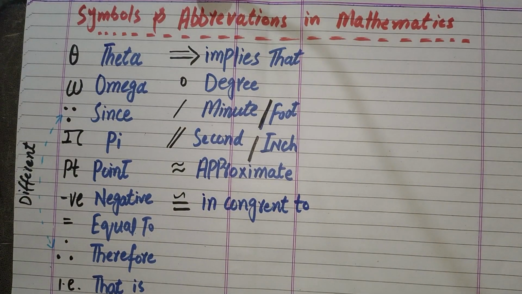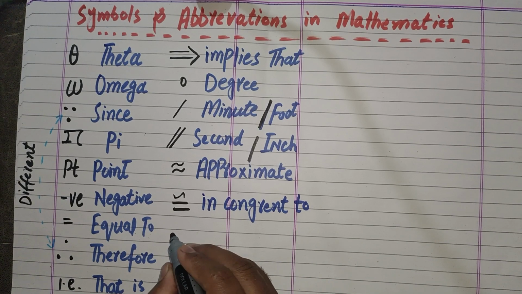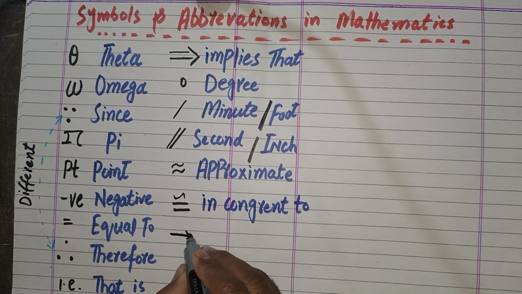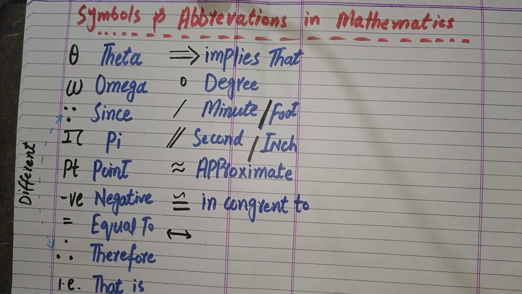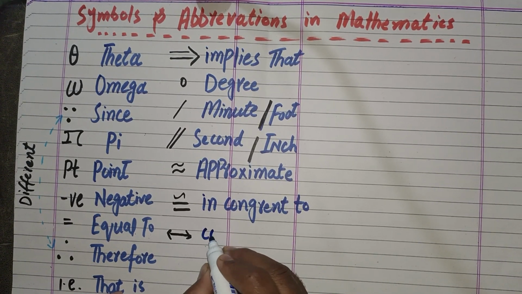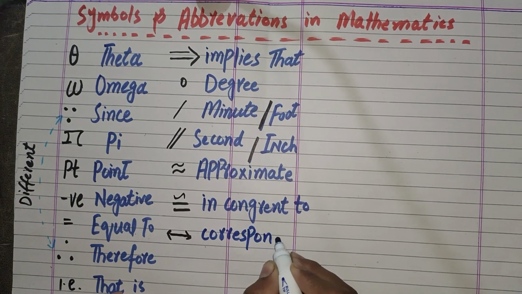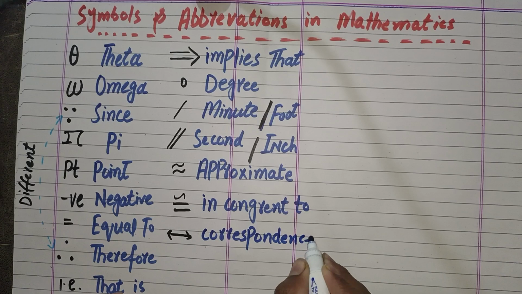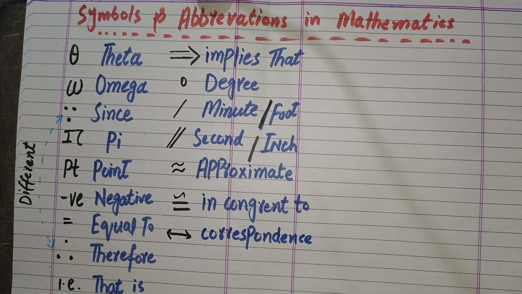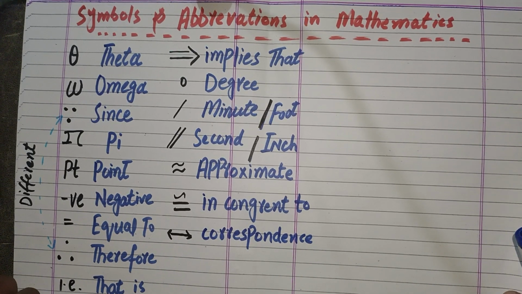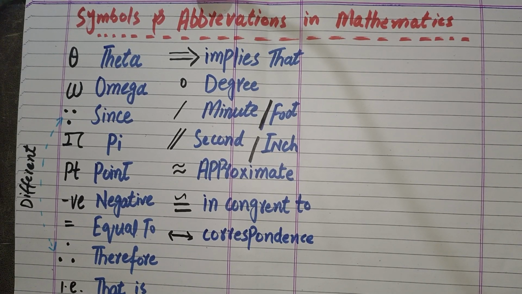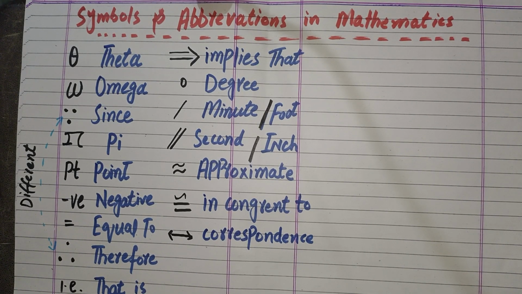The next sign is the sign of correspondence. And these are some simple and basic signs in mathematics. In the second part we will discuss some remaining symbols and abbreviations.